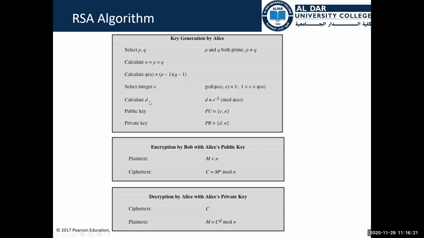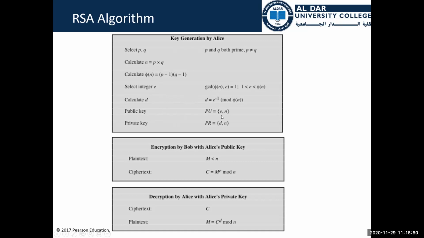Then lastly we calculate D using this congruence equation. D should be congruent with e to the power minus 1 mod phi(n), meaning e times d gives a remainder of 1. Okay, so now we calculated the public and private key. We have seen this in the second lecture, but here we will take it in more detail.